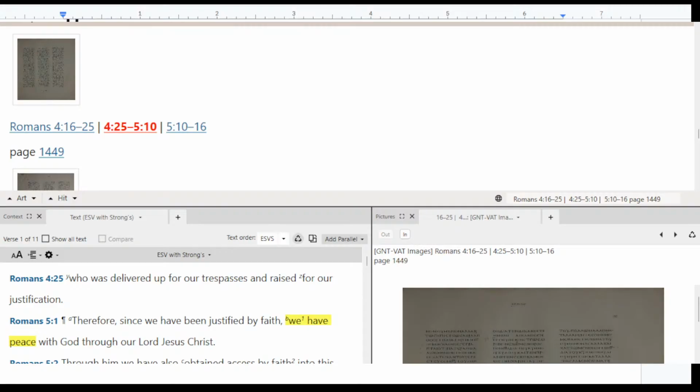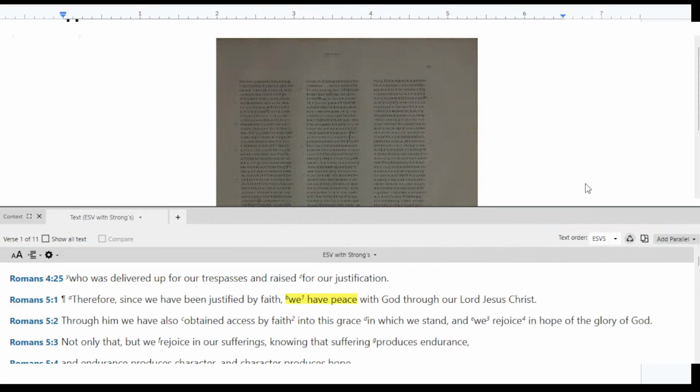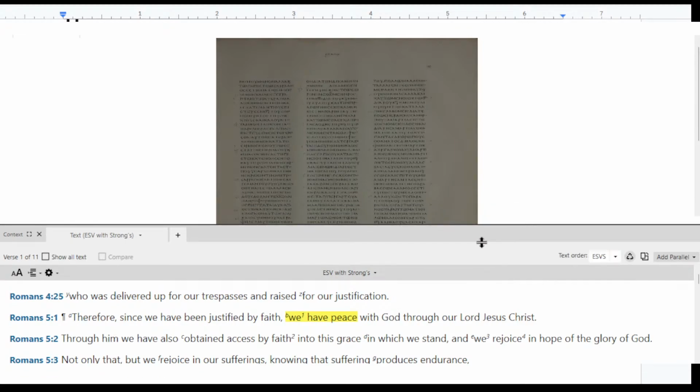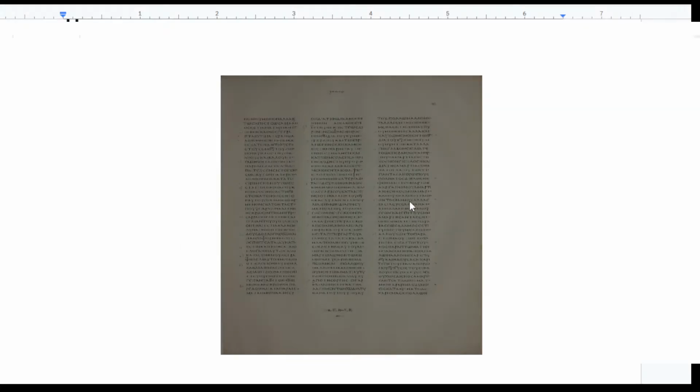Oh, OSB, why are you giving me a hard time here? All right, let's do this. Okay, that's good. Let's get that out of there. Now let's zoom in, hopefully.